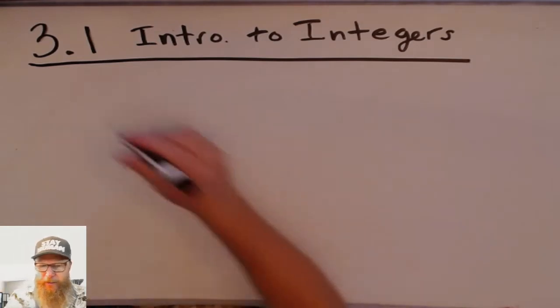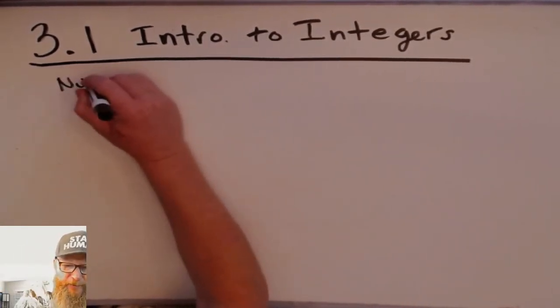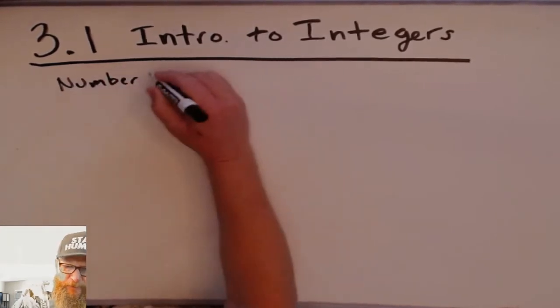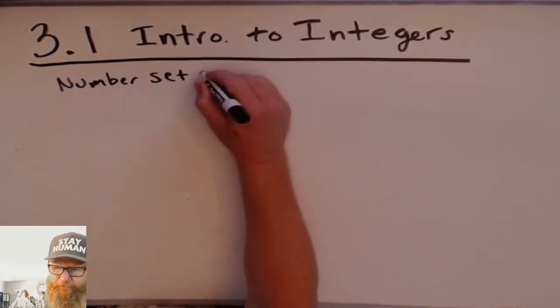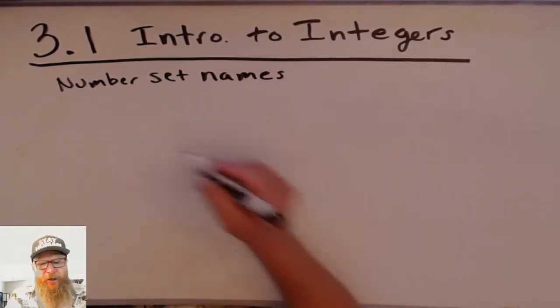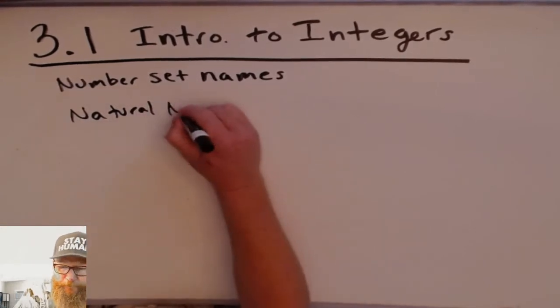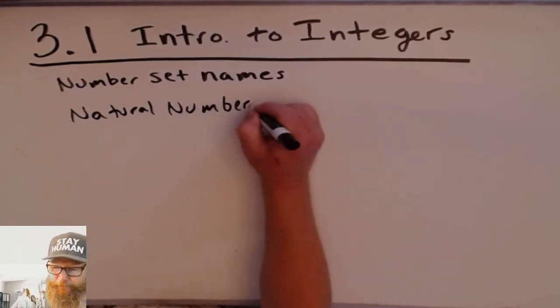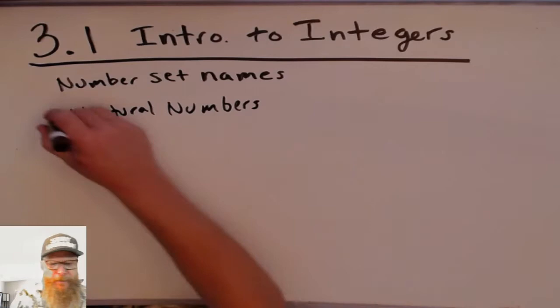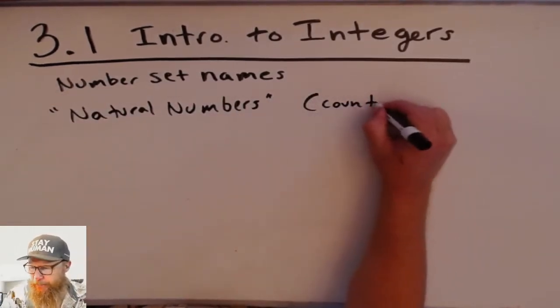So just a quick review of the different number sets. We started with the natural numbers back in chapter 1. The natural numbers are also called counting numbers.